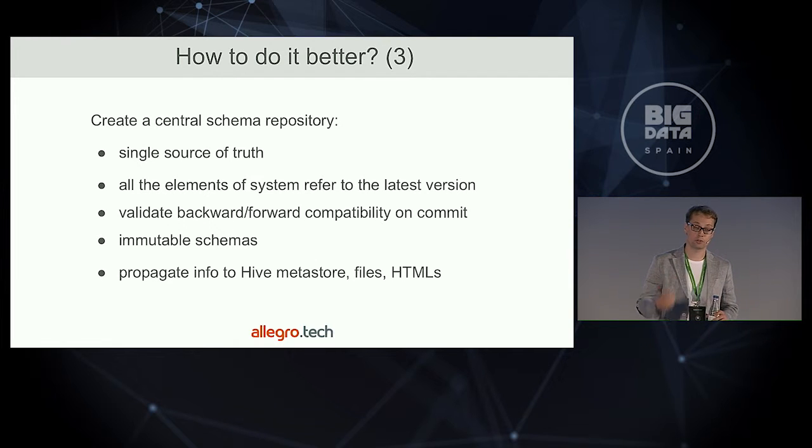And to address this problem, we decided to go with a thing which is actually not new, but it's not frequently used with respect to schema and metadata. Namely, we decided to create a single central repository for all the metadata, which would become the single source of truth with respect to schemas in our case.